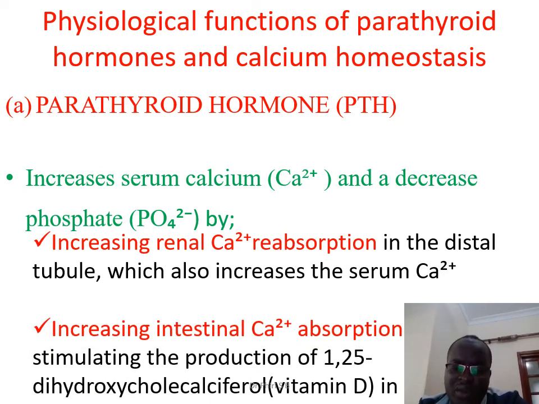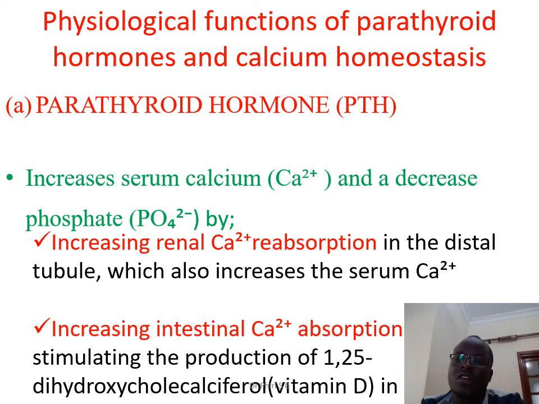Parathyroid hormone also increases intestinal calcium absorption indirectly by stimulating the production of 1,25-dihydroxycholecalciferol, vitamin D, in the kidney. You will need the parathyroid hormone to convert 25-hydroxycholecalciferol into 1,25-dihydroxycholecalciferol, the active form of vitamin D. And it is this vitamin D that will go and enhance absorption of calcium. The vitamin D can activate the production of calbindin. These are proteins that are involved in absorption of calcium in the intestines.